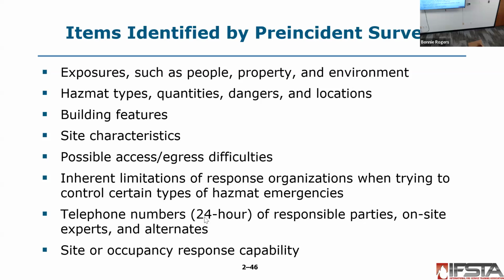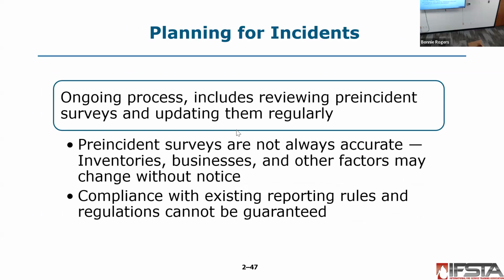Another important one on our pre-fire plans is the responsible party. They have their phone number, so we can call them up and they can give us information. But it does need to be updated, things change. Even something as insignificant as the responsible party or their phone number changing means we have to always update them.